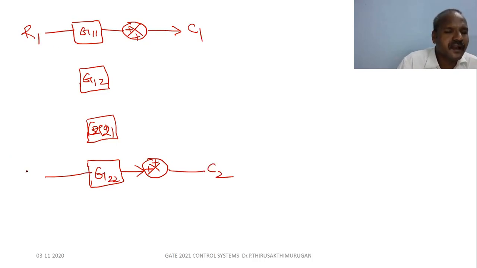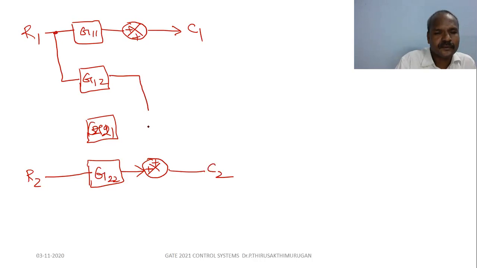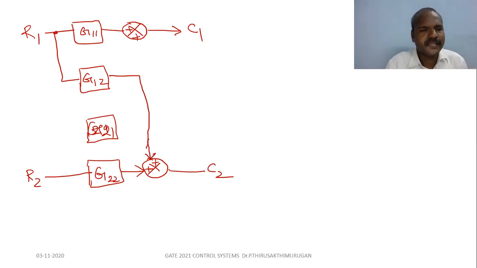R1, R2. So we are taking the same reference from R1 to C2, so that's G12. This is given to this junction.